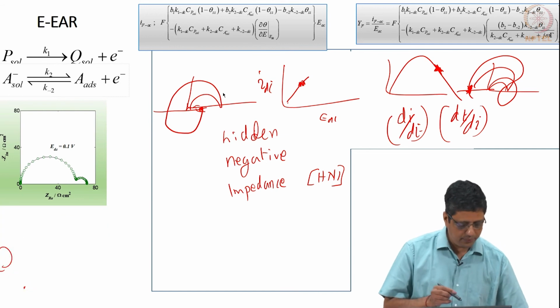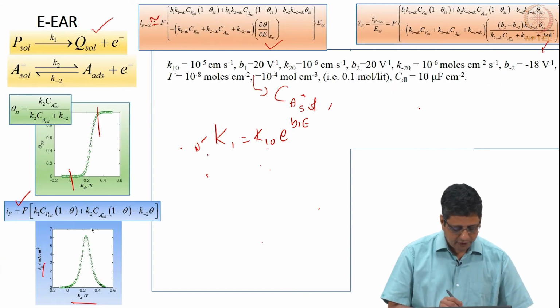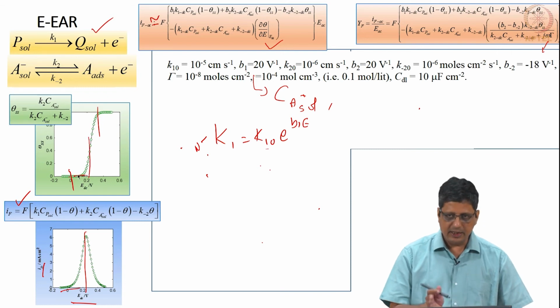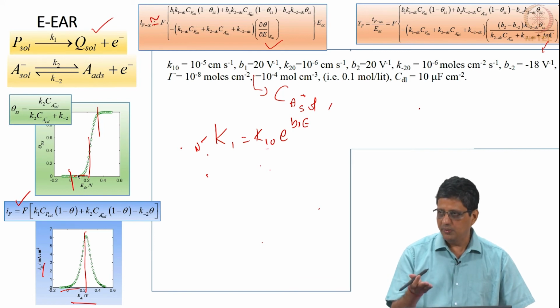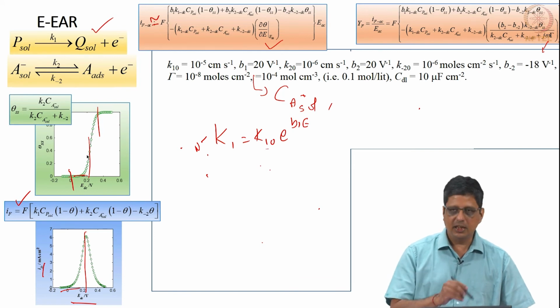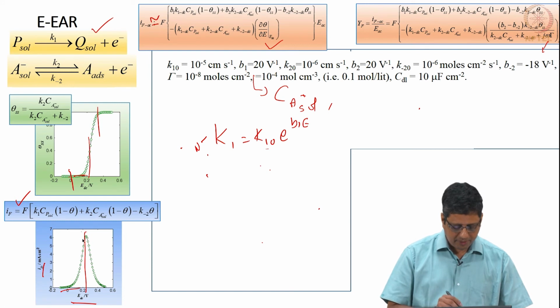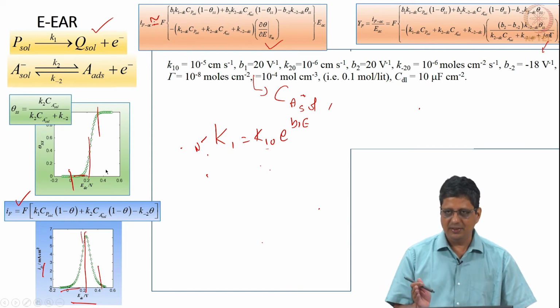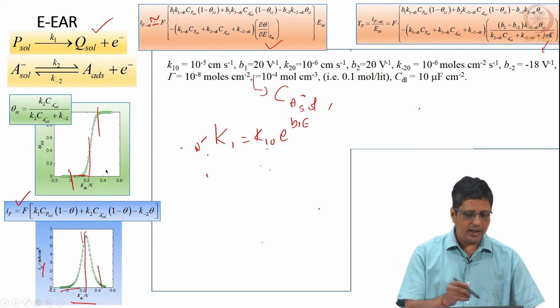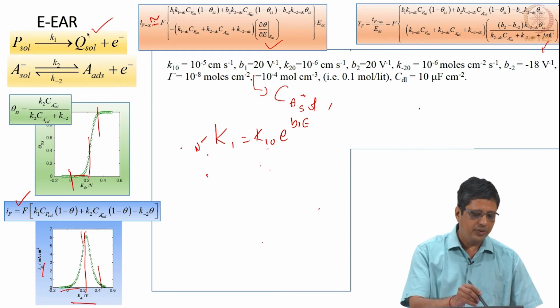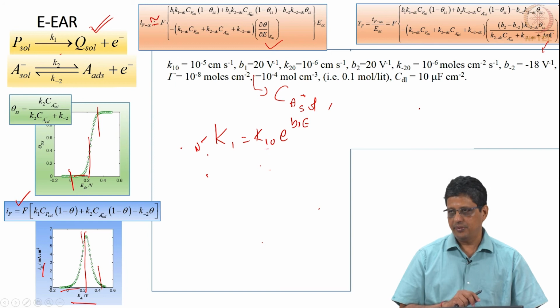So, when I go from here to here up to some level, when I increase potential, surface coverage becomes more, current also becomes more. So, it is in the positive region. From here to here, when I increase the potential, surface coverage becomes more, and because surface coverage becomes more, this reaction slows down, the vacant site becomes less, current becomes less.